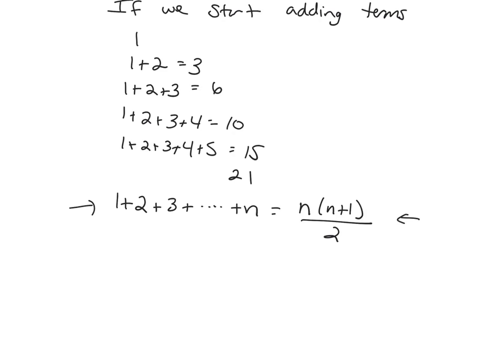So what happens as n gets larger? I want to know what happens to my sum over here on the right. What happens as n gets larger? Well, let's look at what happens over on the formula side. What happens as n gets larger to the numerator? It gets larger, and I'm dividing by a constant number, so it looks like this sum here becomes very large as n increases.